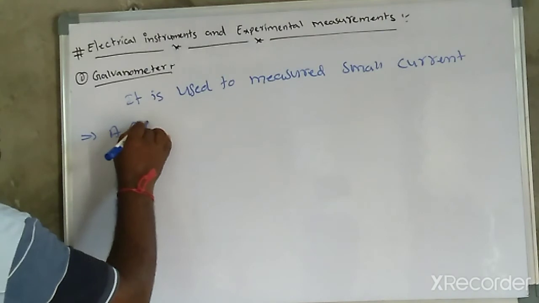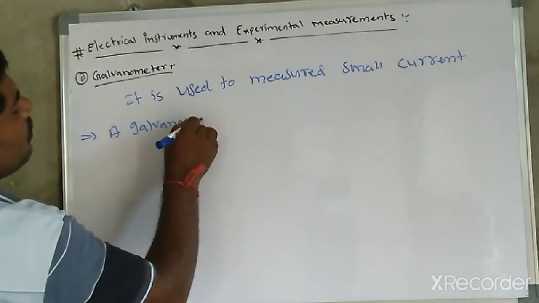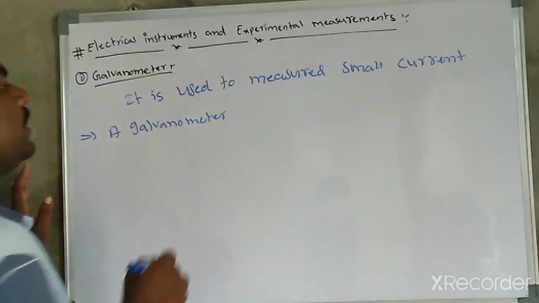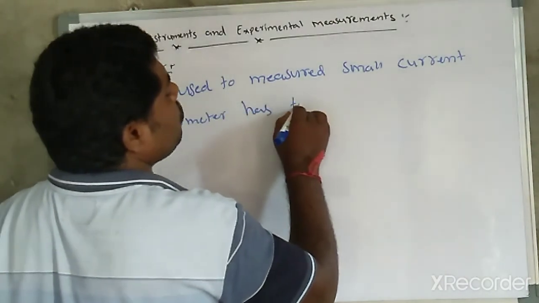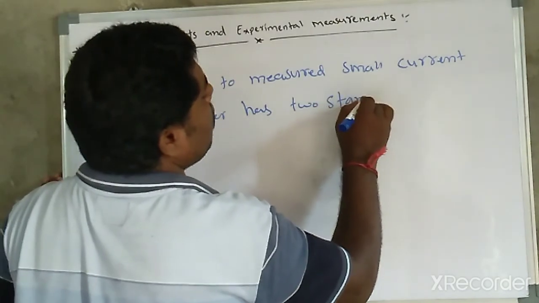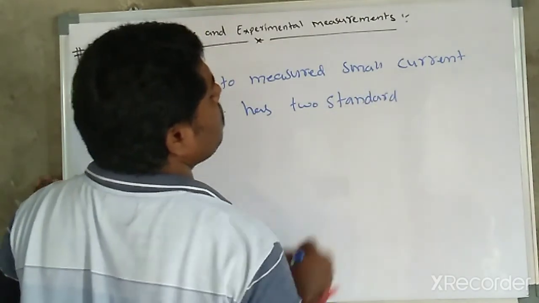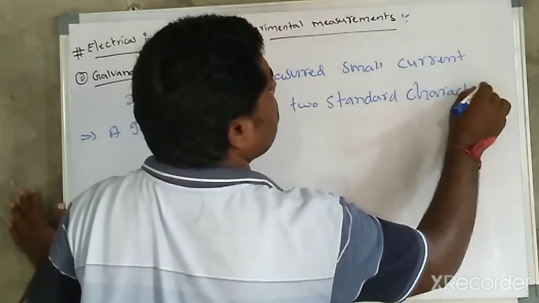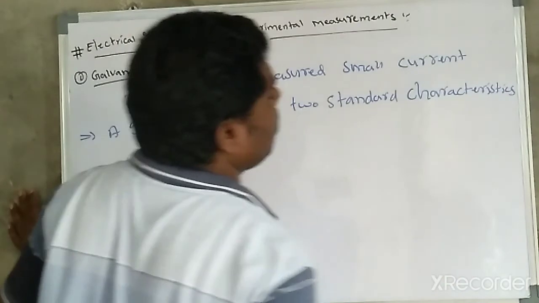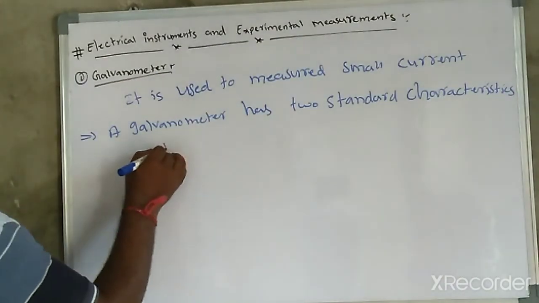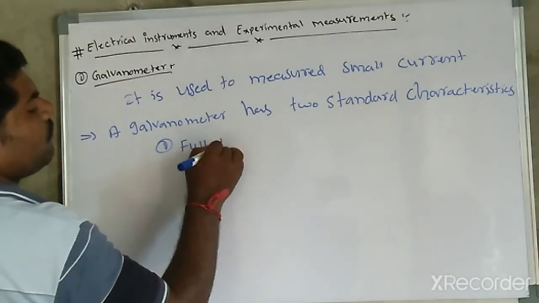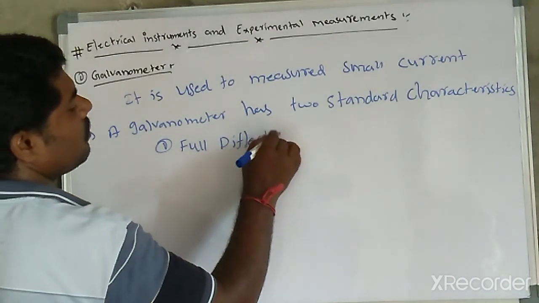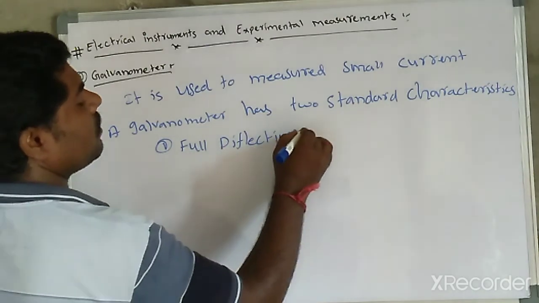A galvanometer has two standard characteristics. The very first one is the full deflection current.